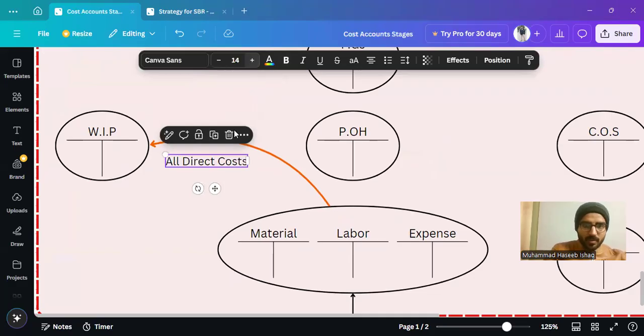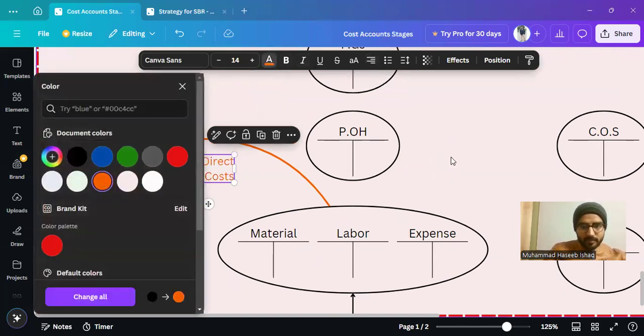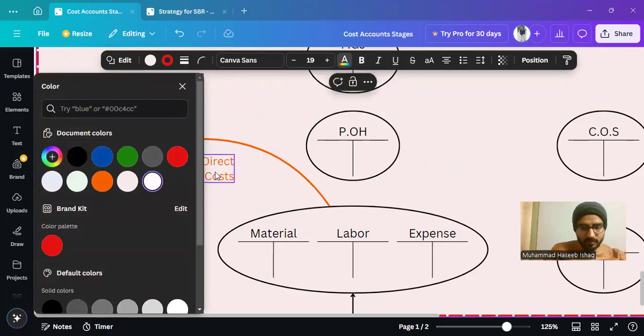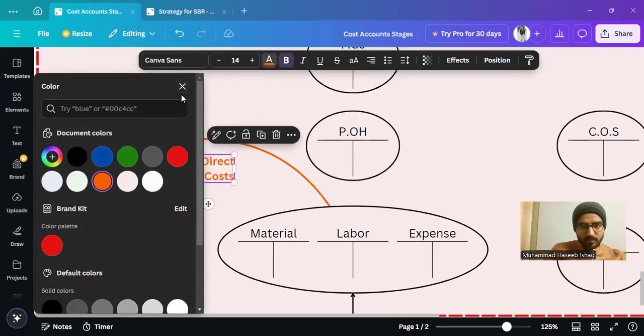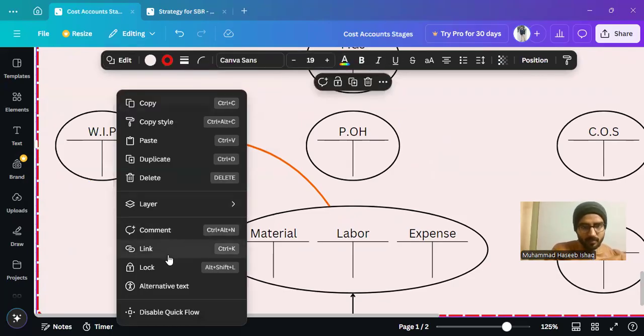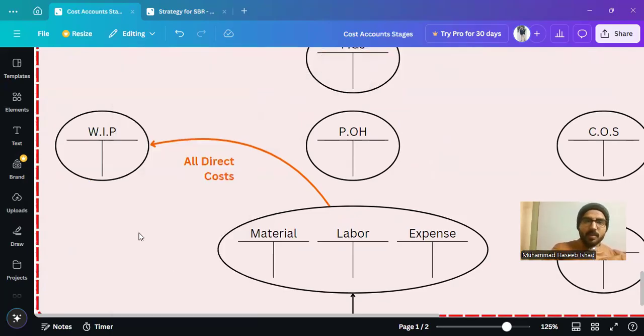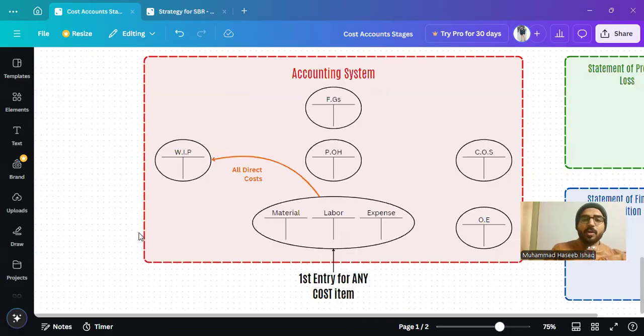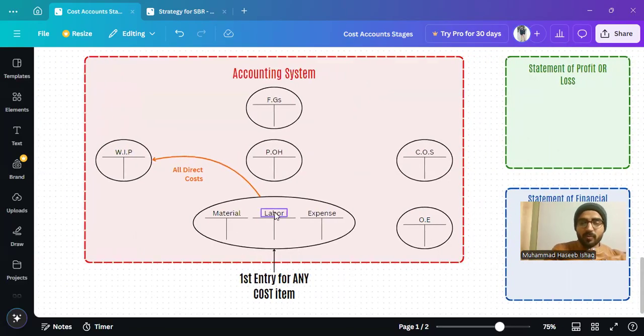Let me just make it a bit bigger. All the direct costs are going to be transferred to the work in progress account from what accounts?